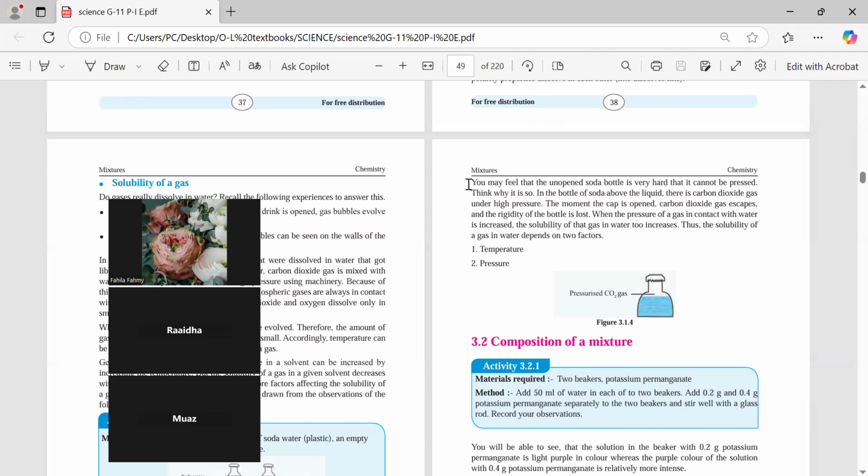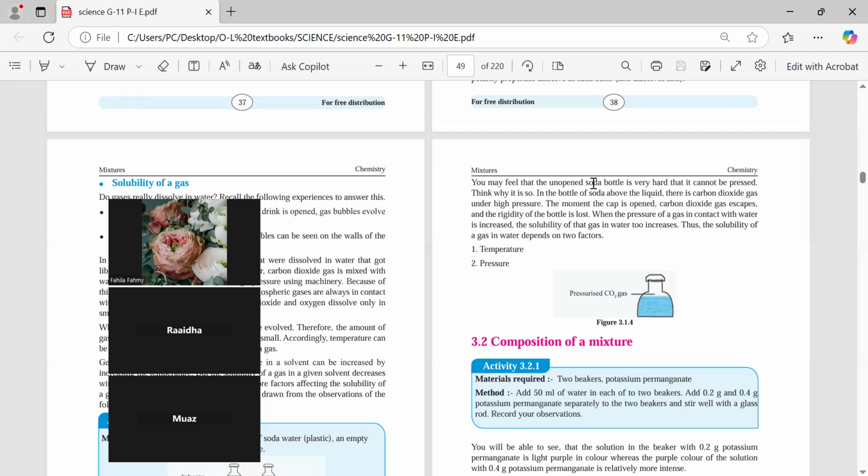look at this, the soda bottle. When you are going to open a bottle of soda, it's not easy, it's pressurized.